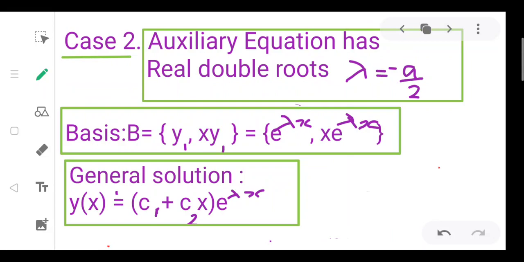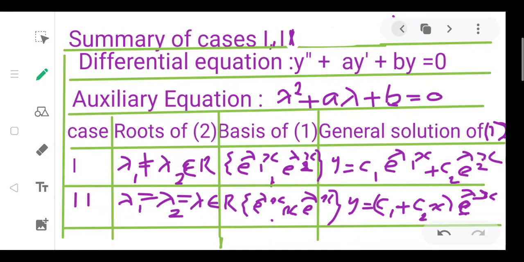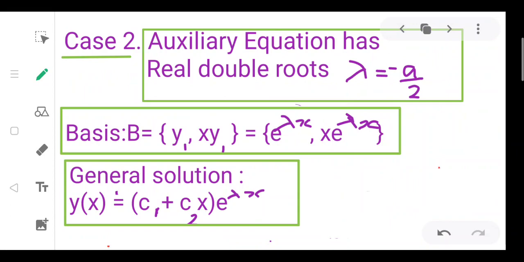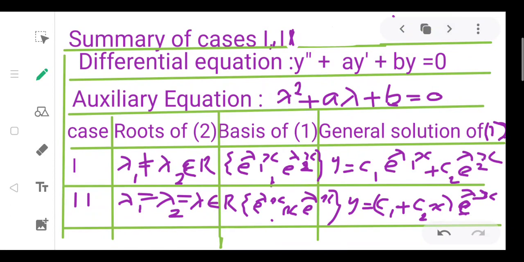Today we will discuss the third case, that is when the auxiliary equation has complex roots. Now here is the summary of the first two cases. To solve the differential equation y double dash plus a y dash plus b y equal to 0.